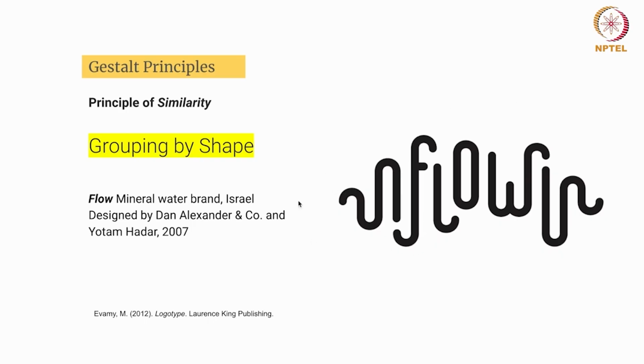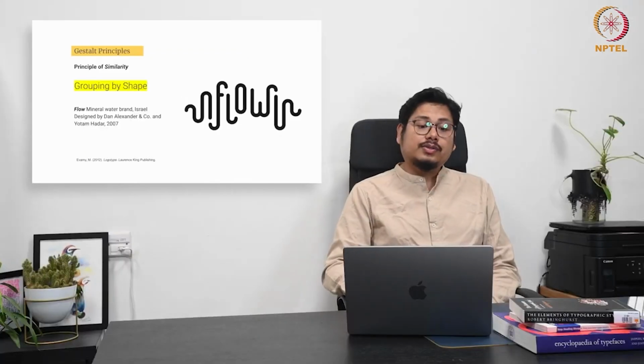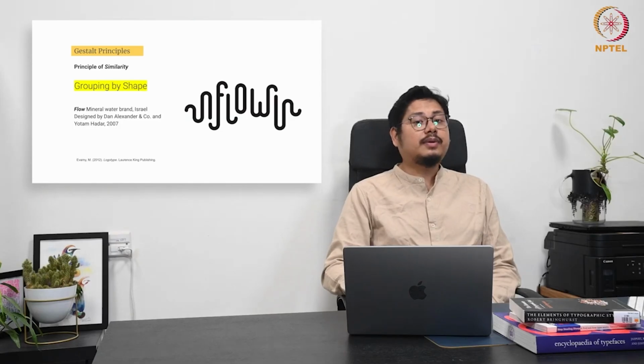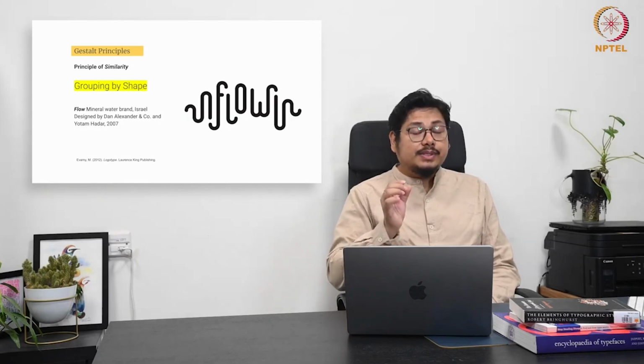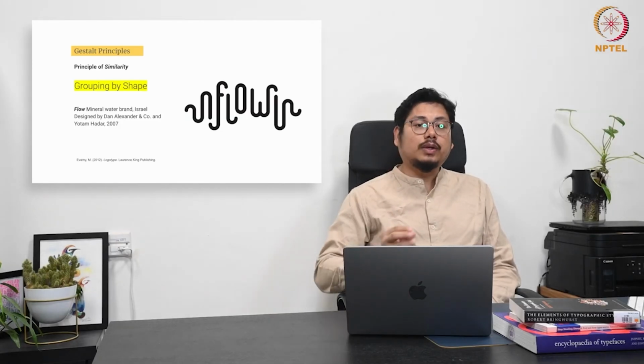Sometimes we say the logo doesn't seem balanced, right? We say the logo seems very odd, some elements are not connecting. So this is a very good example where you can use Gestalt's principle of similarity, where you maintain the same shape while exploring the logo.